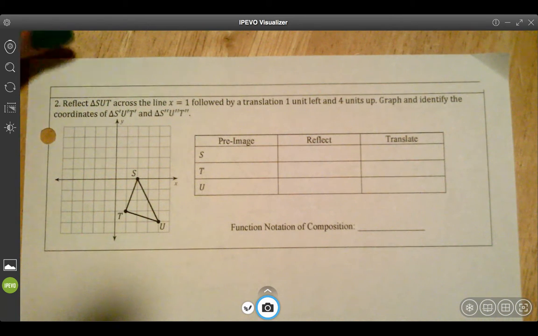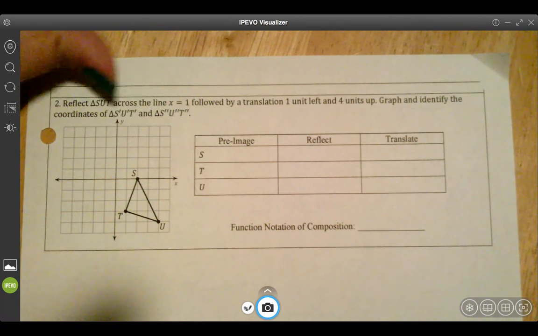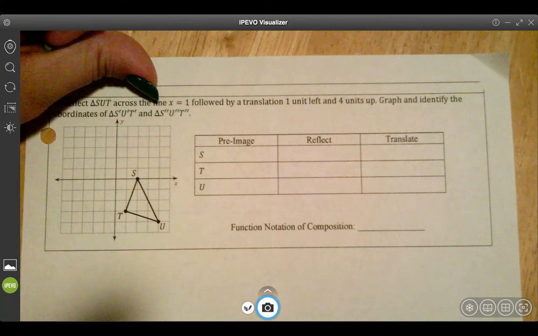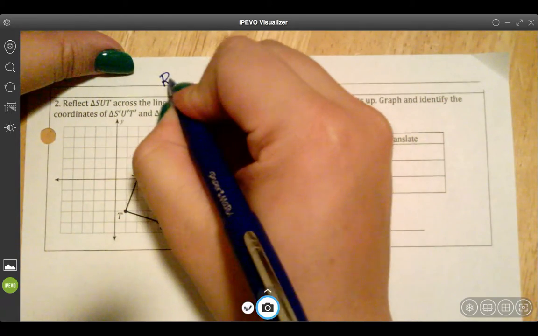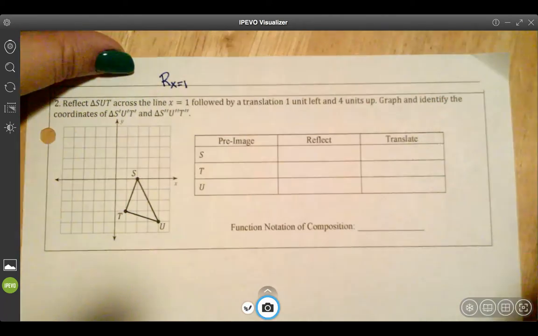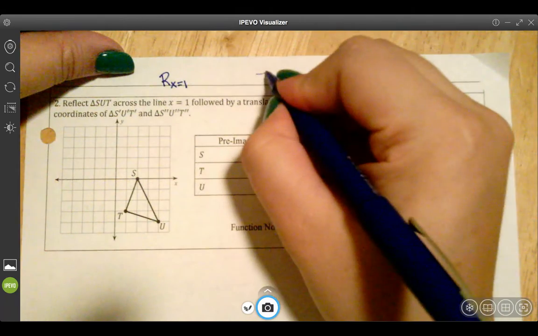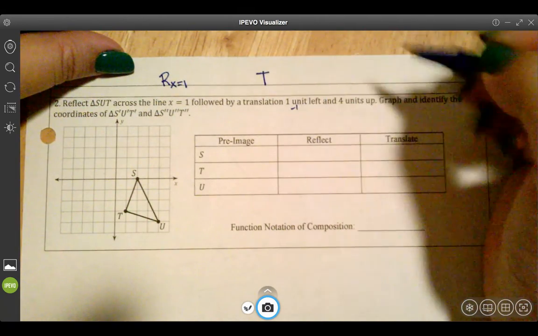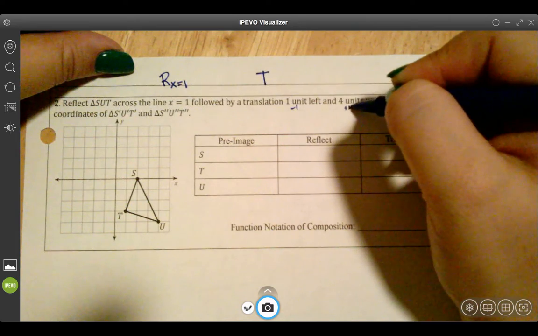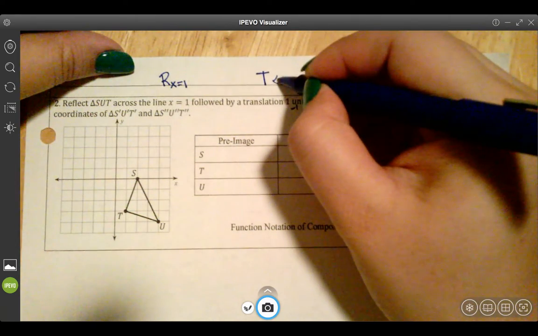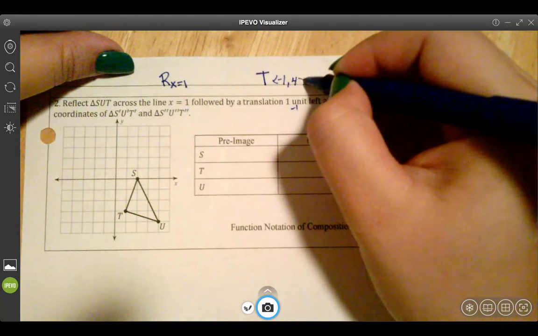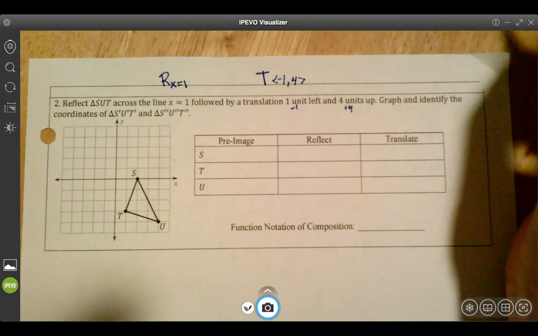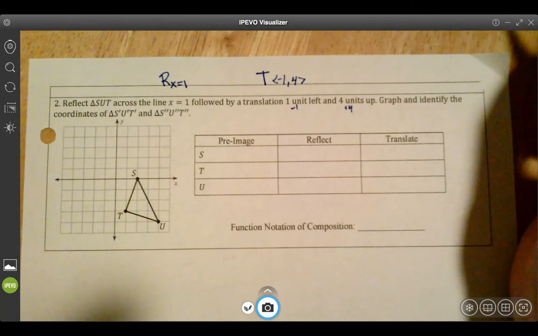For this example, we want to reflect the triangle across the line x equals 1, followed by a translation 1 unit to the left, that's -1, and 4 units up, that's +4. Left and up. Okay, but the question is, what order should we do this in?